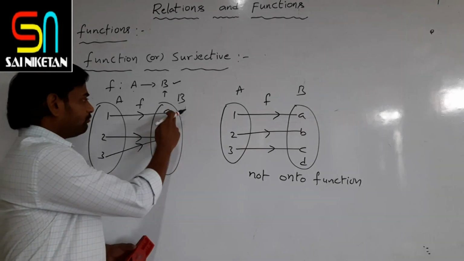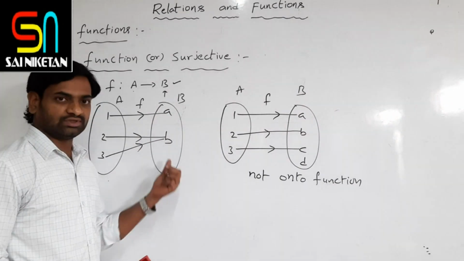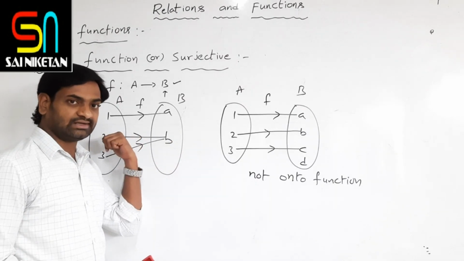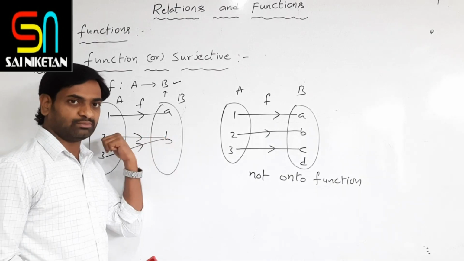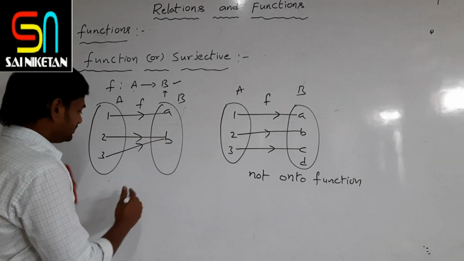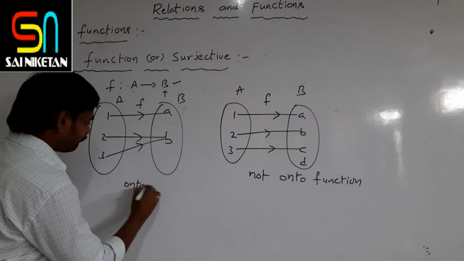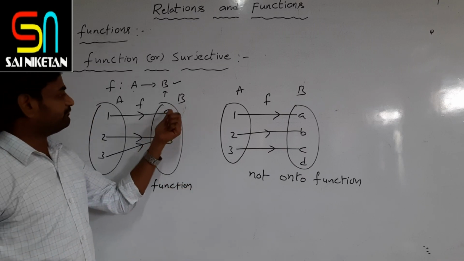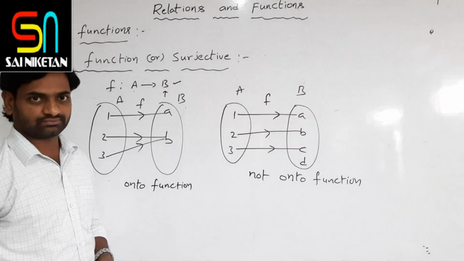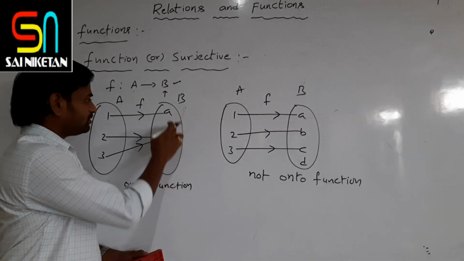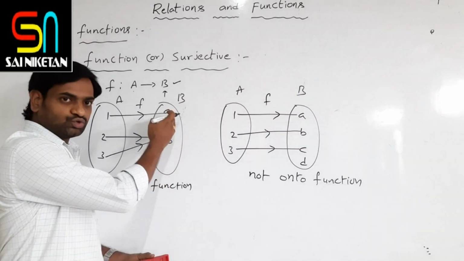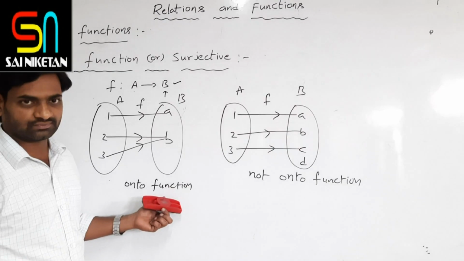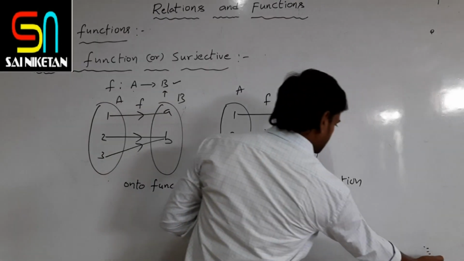Now for these 2 elements, there is a mapping with elements of which set? Set A. That's why it is onto function. Simply, in the B set, every element is in the mapping. That's it. In the B set, we have 2 elements. These 2 elements have the mapping. That's why it is onto function. Okay, that is the onto function.